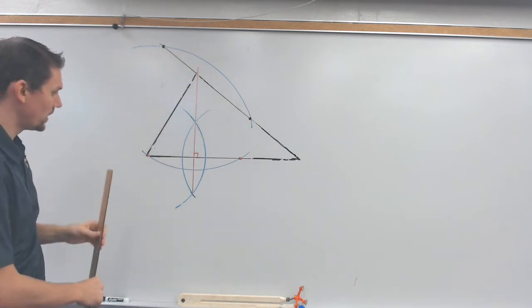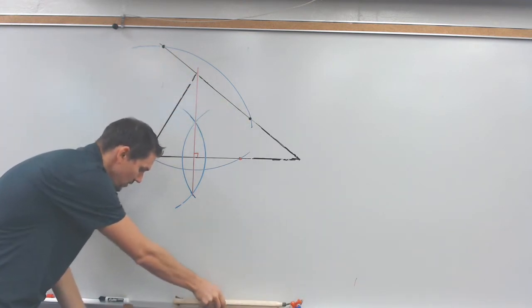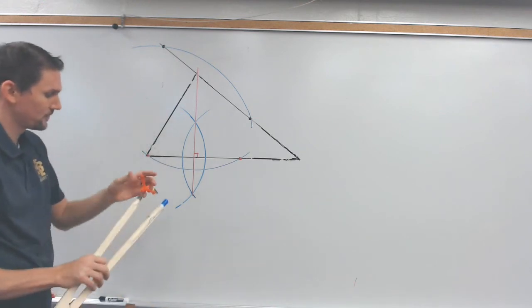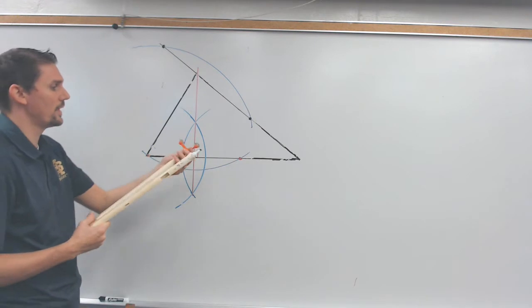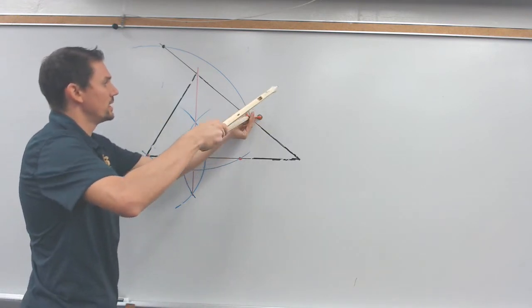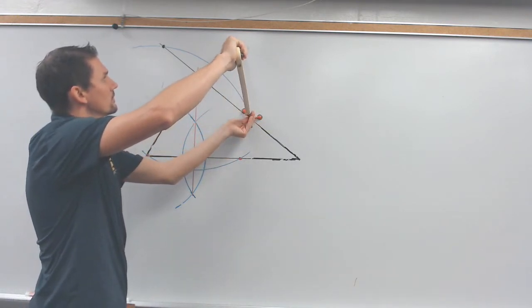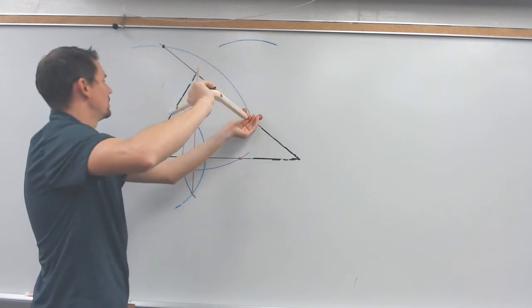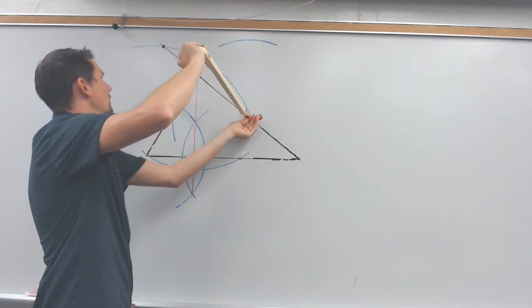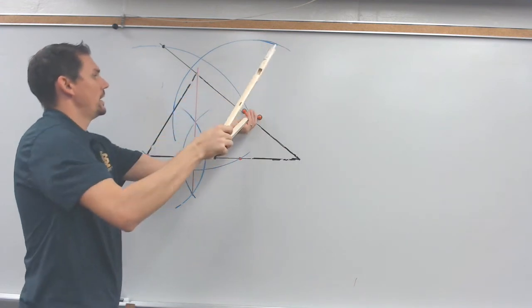We need to find the perpendicular bisector of those two endpoints, and then we would be able to get our altitude on that side. So we have it here, and on the other side.